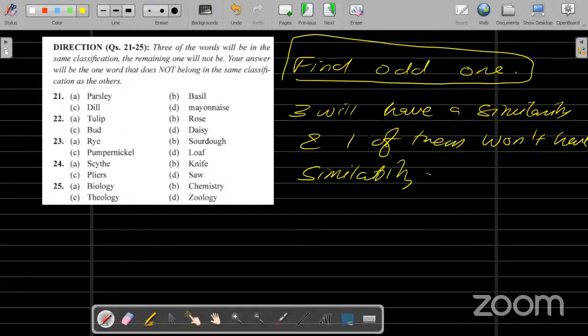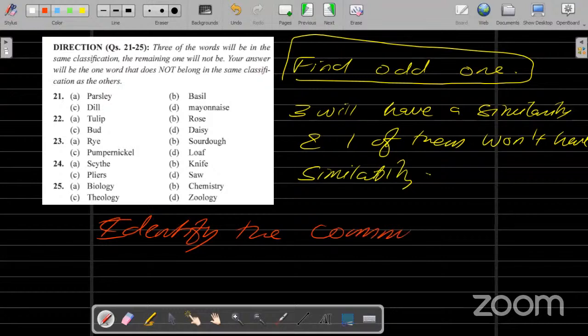So identify the one that is not having the similarity. For that, always go for the similarity the 3 of them are having. Always think of the common property. Identify the common property for 3 of them. The one that is missing that common property might be your answer.